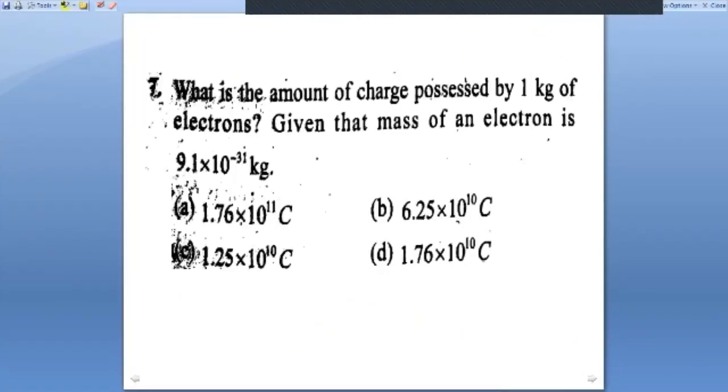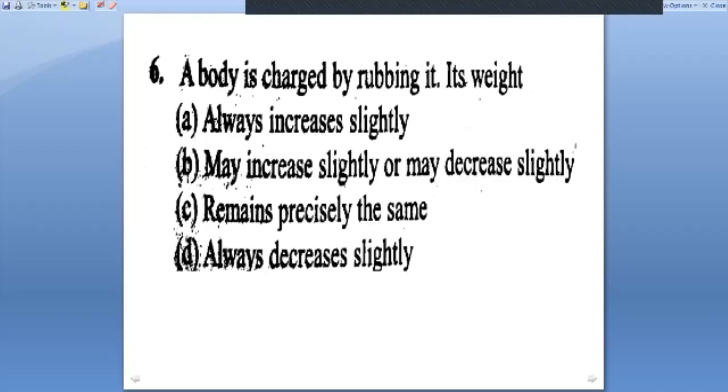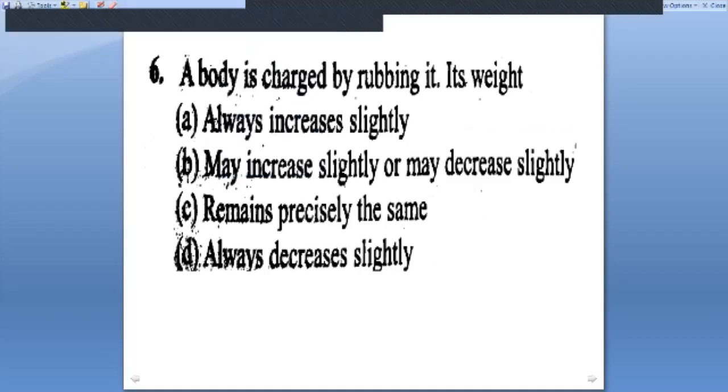Sixth one. A body is charged by rubbing, its weight.